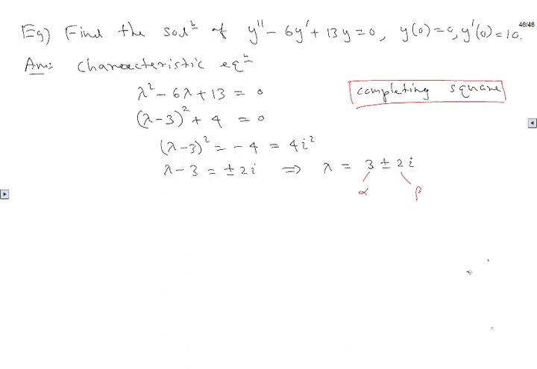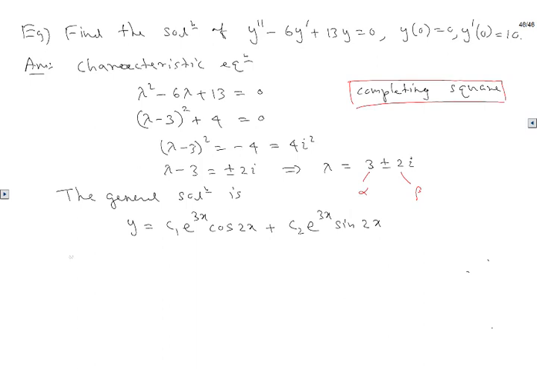The general solution is y equals c1 e to the 3x cosine 2x plus c2 e to the 3x sine 2x. You can see that there are no complex numbers in the solution. It is just real. C1 and C2, we write it like that. The goal is to find C1 and C2 by finding the general solution.